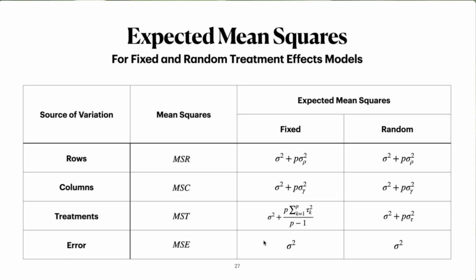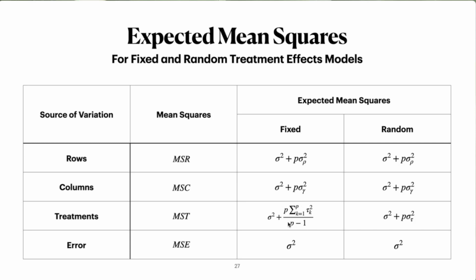You can see that the expected value of the mean squared error, MSE, is always going to be sigma squared, which is the variance of the error term. The expected value of MST, the mean square for treatments, is sigma squared plus a quantity that is going to be 0 if and only if all of the tau sub k's are 0. If any of those tau sub k's is non-zero, then when we square them, we get a positive value, and so this quantity will be positive.